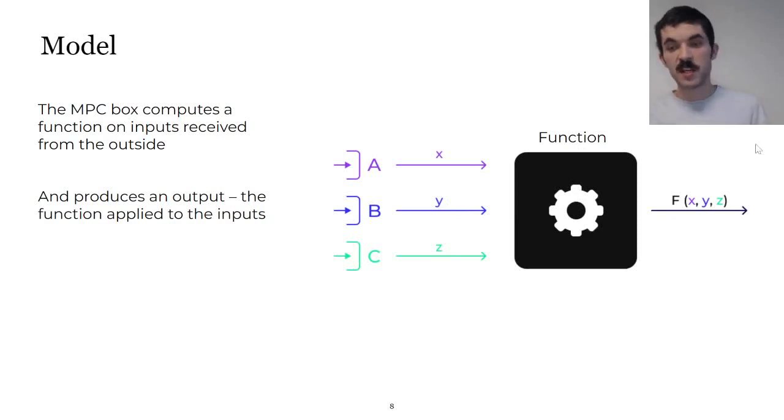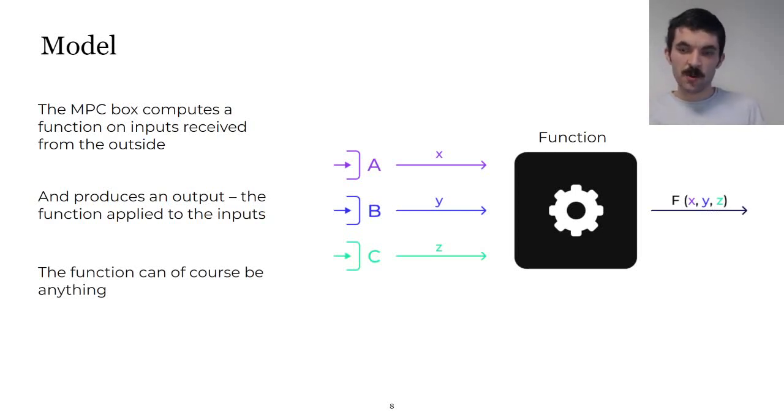Maybe this function was the input of some other party. And then the output of this box, when it has received enough inputs, or all the inputs, or whatever the computation specifies, will be the result of running this function on the inputs.